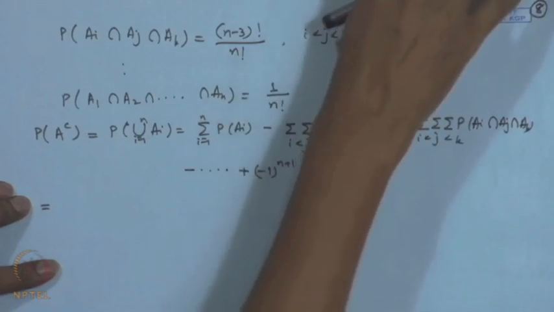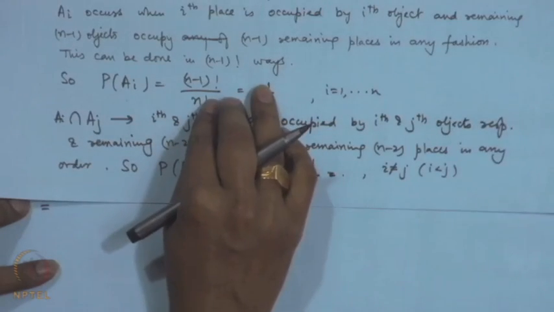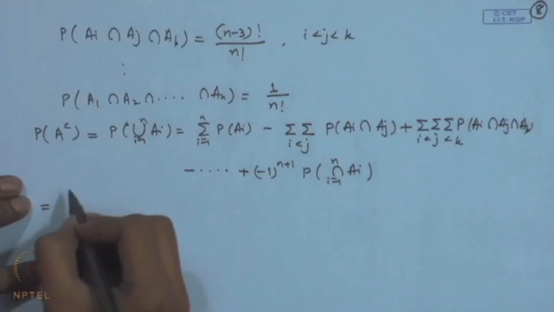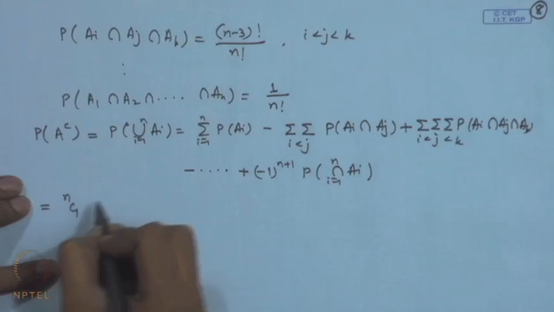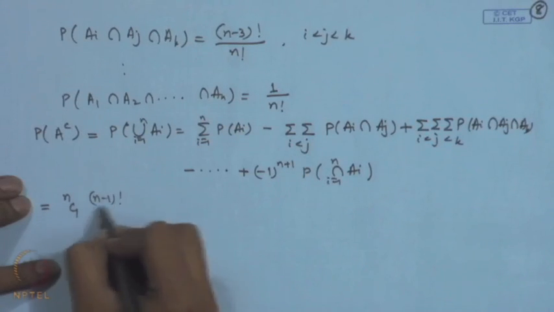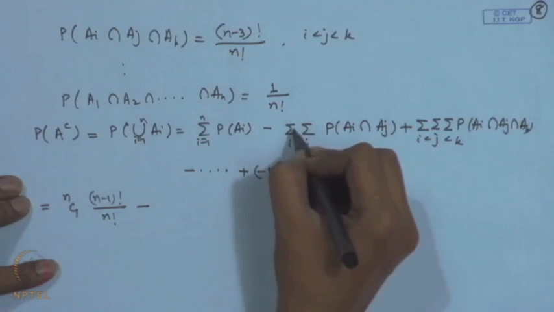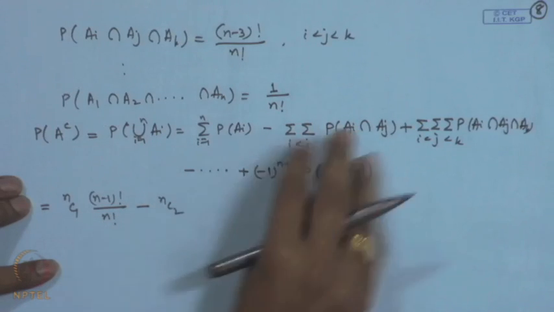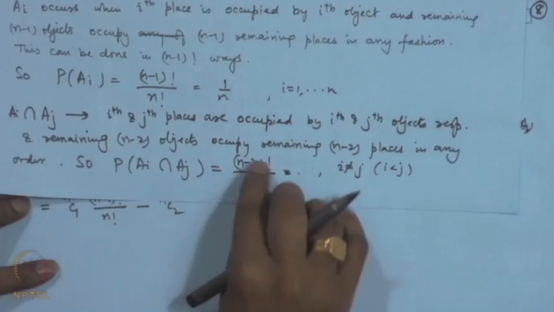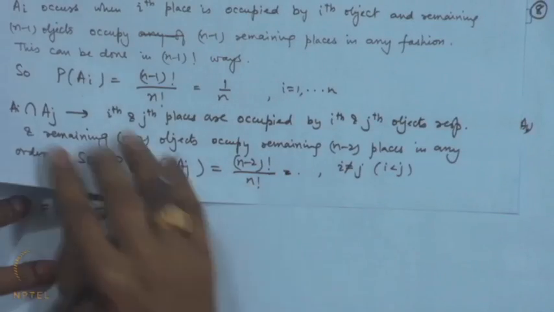That was n minus 1 factorial by n factorial, and there are n terms. So, we write it as nC1 times n minus 1 factorial by n factorial. Now, these are nC2 terms, and probability of Ai intersection Aj was n minus 2 factorial by n factorial.